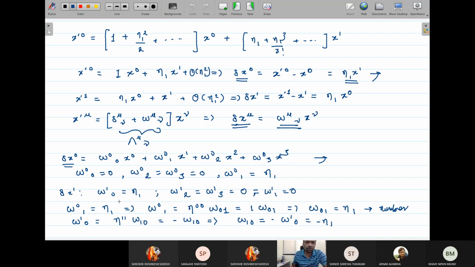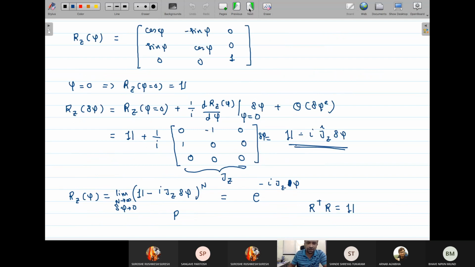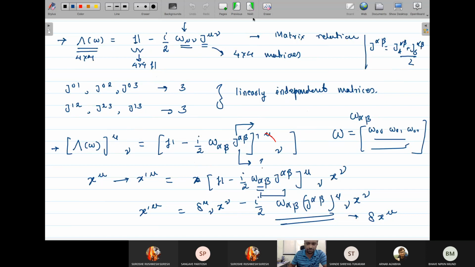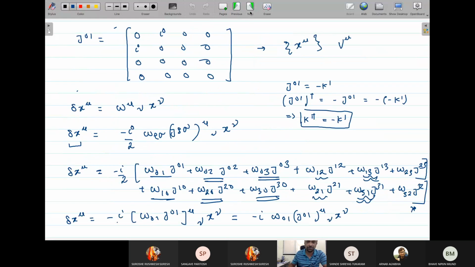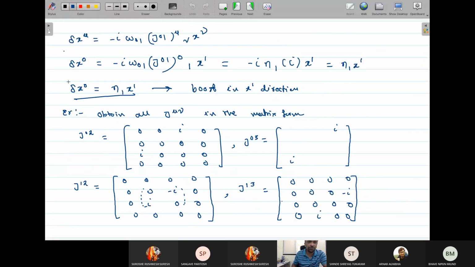But because of antisymmetry in omega, you can determine all the others. If you know omega 10, then you can determine omega 01, etc. So one can determine omegas in terms of etas. Then one can use that here, in expressions like this, and check the validity of this. That is what we have done.